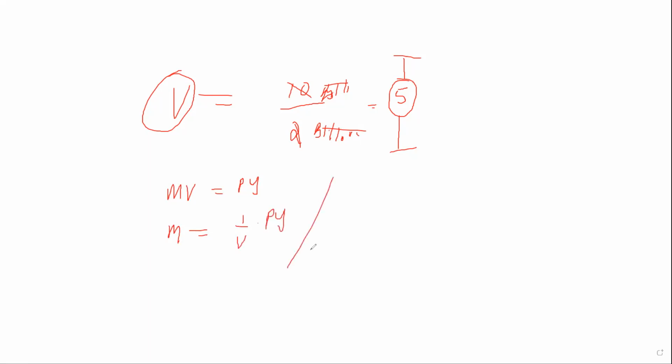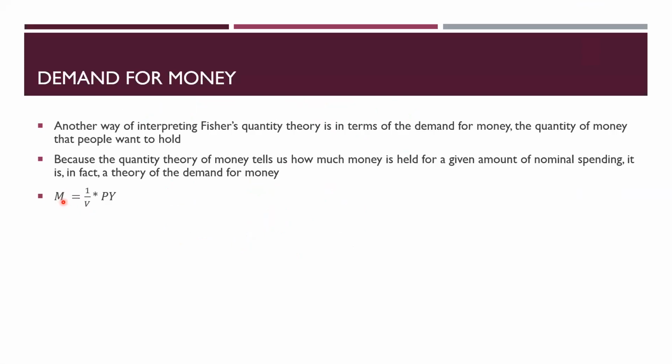This is the same as saying PY over V. We are just doing this for a reason, because we still want to convert this 1 over V into another coefficient. So it's not something you need to worry about at the moment, because we are getting there. So this is our demand for money.